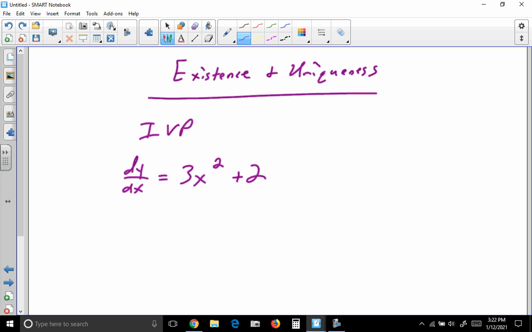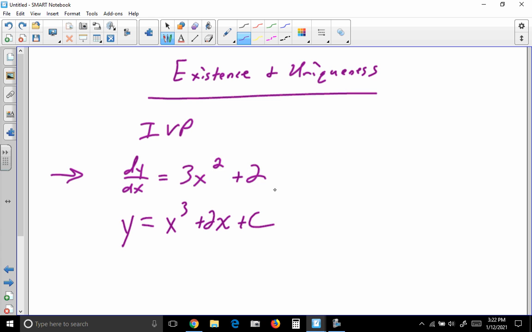and going all the way back to Cal 1, we've solved some basic differential equations like this. The derivative of some function is 3x squared, and then if we integrate both sides, if we move dx over and integrate, we get that y is x cubed plus 2x plus some constant.